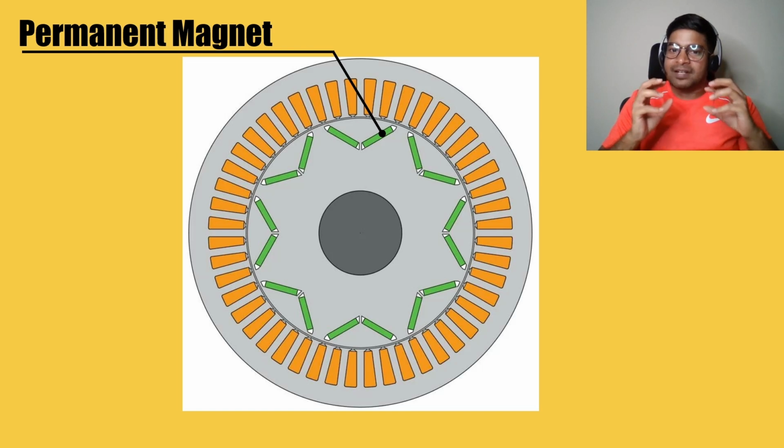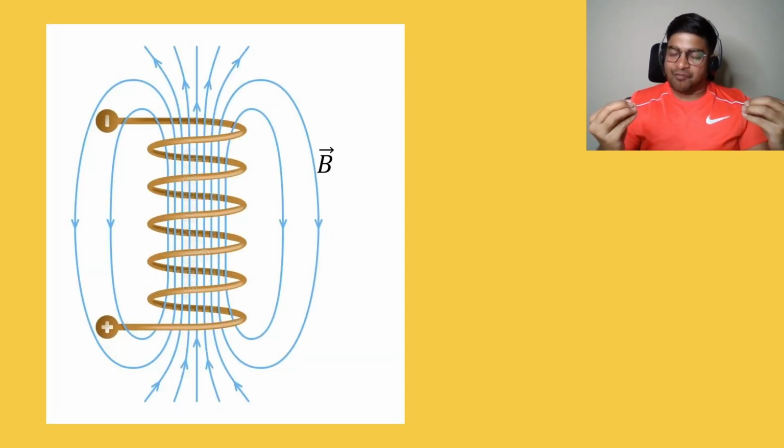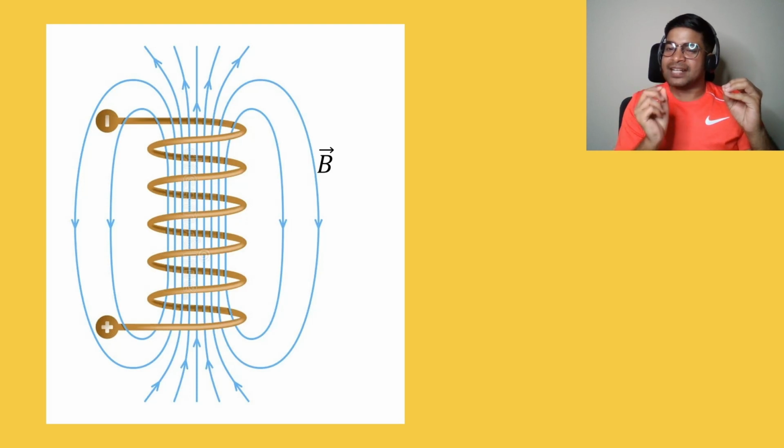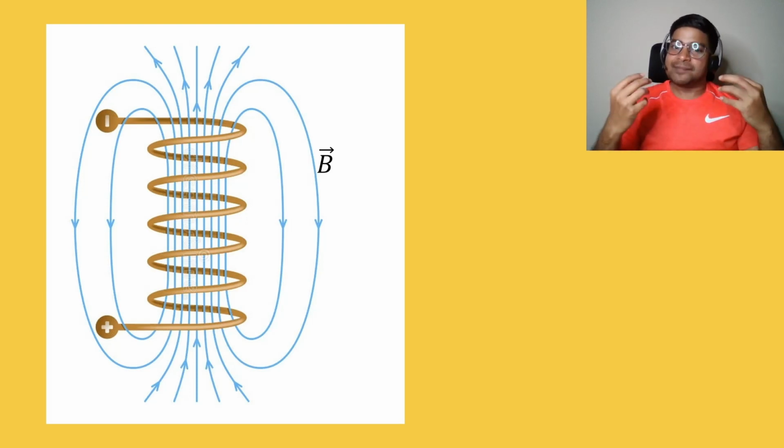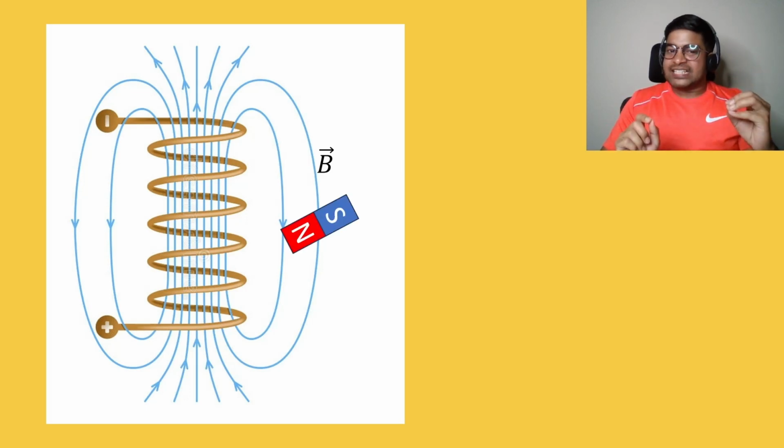To give you a similar analogy, let's consider a solenoid where you supply the current and it is producing the magnetic field B. Now you bring a tiny magnet, which we call a magnetic dipole, inside the field. What happens? This tiny magnet tries to align along the B field and it generates a torque.